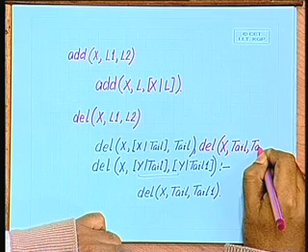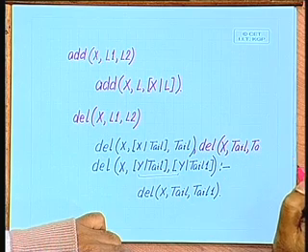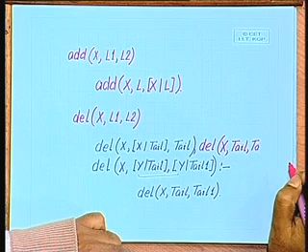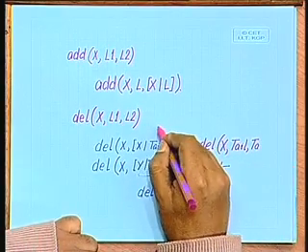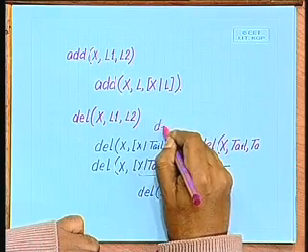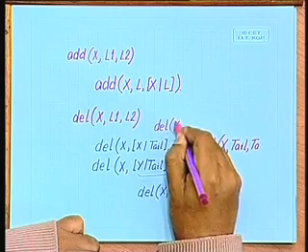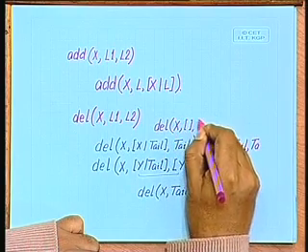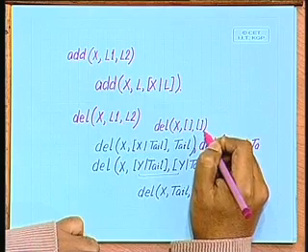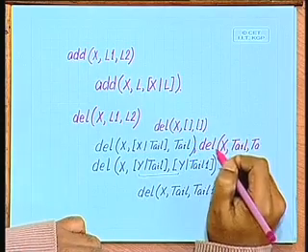The termination criterion will be that when we have delete x, and we have the empty list here and the empty list here.